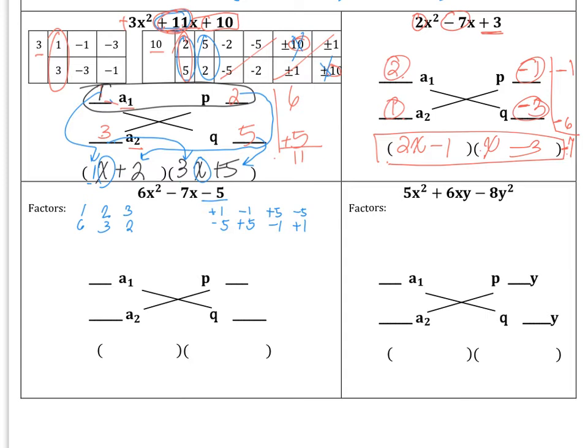Okay, and for this next one here, I listed some pairs of factors. So I looked at 1 and 6 to see if it works. 6 times positive 1 plus 1 times negative 5 makes a positive 1, so this one doesn't really work.